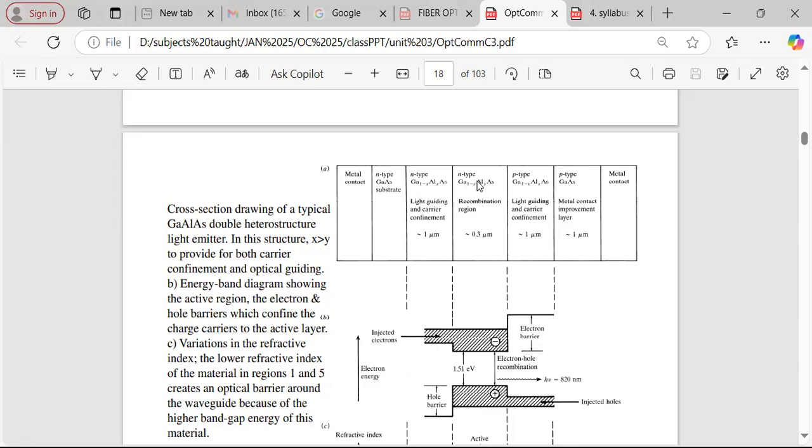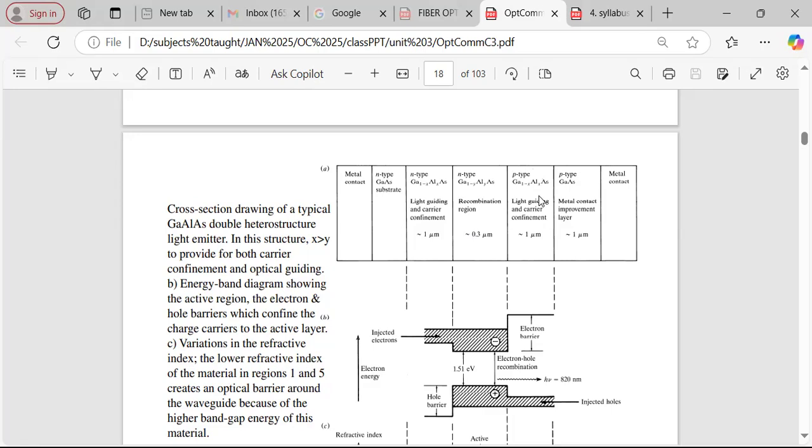And this is the recombination region, and here y represents the mole fraction and the width is around 0.3 micrometer. This is the particular area where the recombination of majority and minority carriers takes place, and as a result photons are emitted.